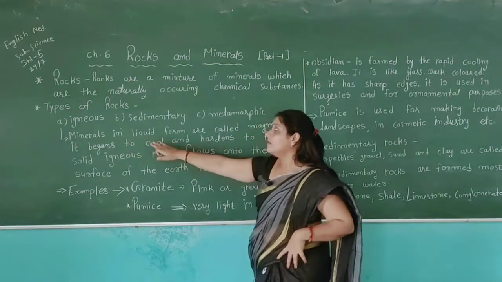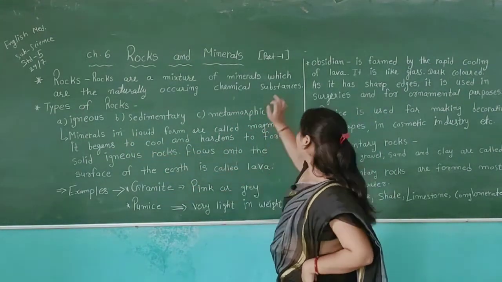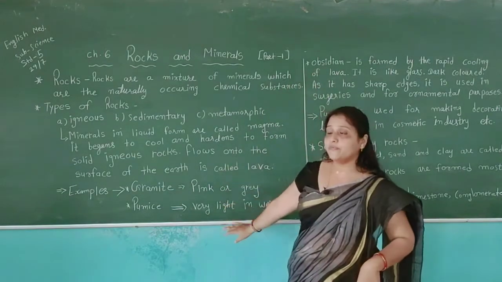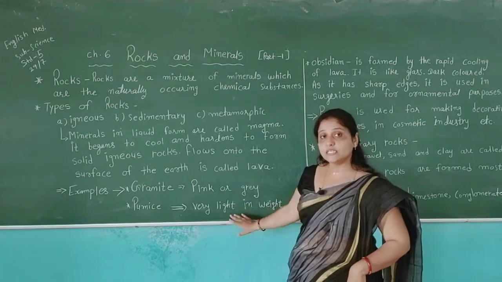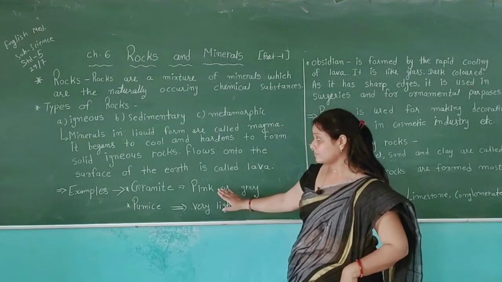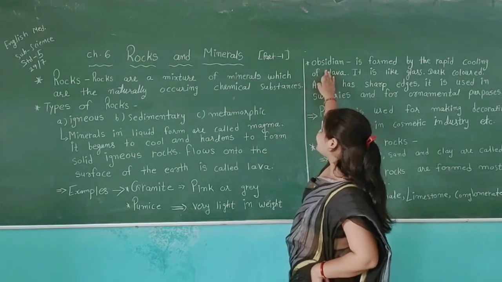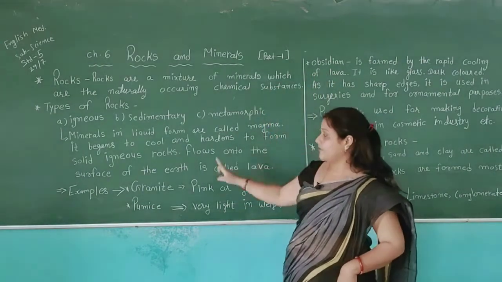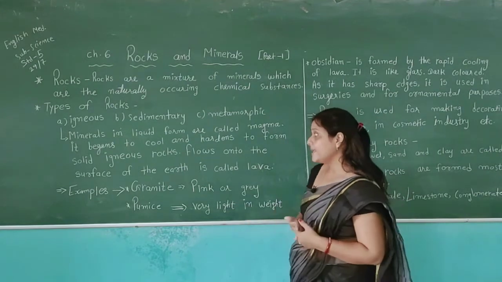It has three examples: granite, pumice, and obsidian. They have different colors and uses. One is hard, one is light in weight, and one is like glass. And the uses of all these types of rocks are different.